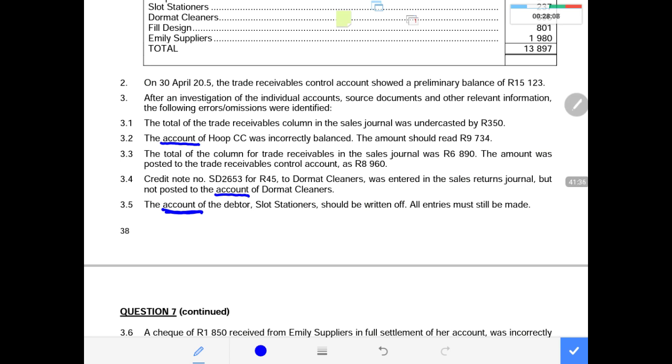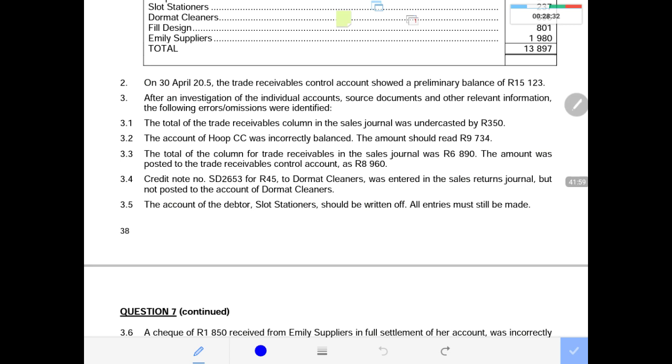Now 3.5 says the account of Slot Stationers should be written off. This is a bad debt. The minute the account is written off, it means the customer has not been paying the account, and they have tried to call the customer, and whenever the customer saw the private number, he would just not pick up the call.